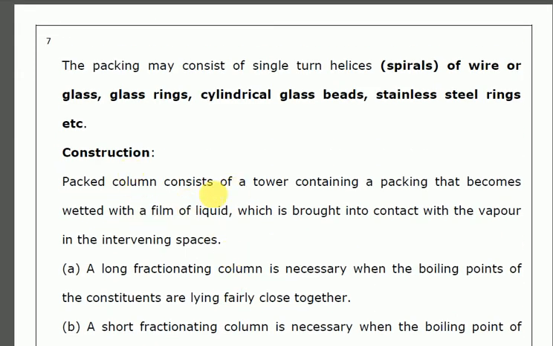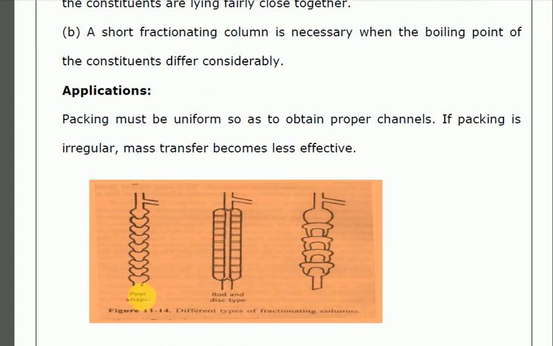A packed column consists of a tower containing packing that becomes wetted with a film of the liquid, which is brought in contact with the vapor in the intervening space. What does this mean? The liquid will come down and form a film on the packing. This is what it tells you.